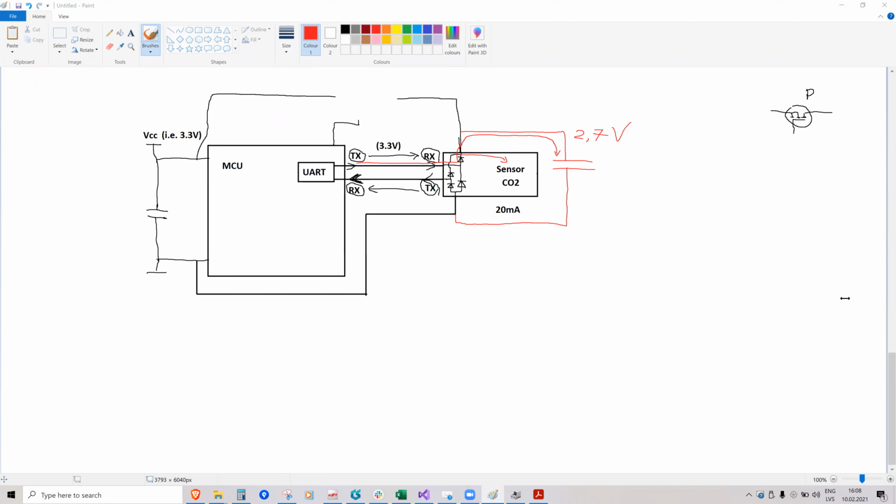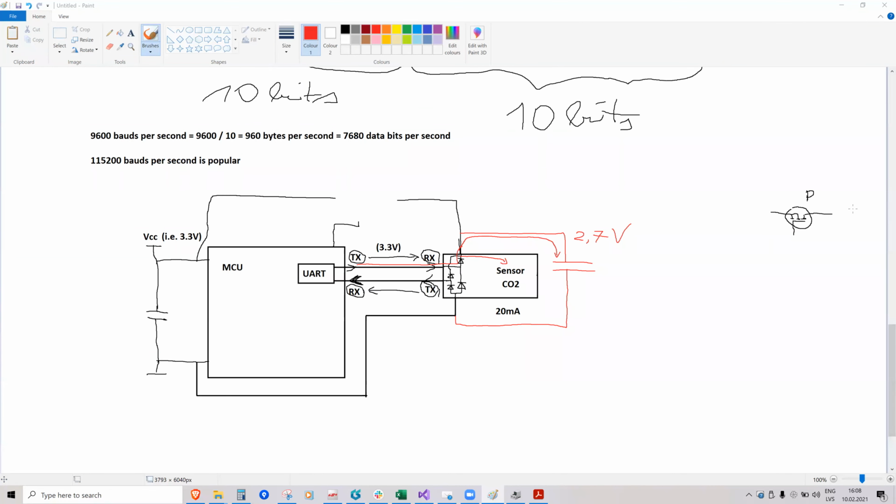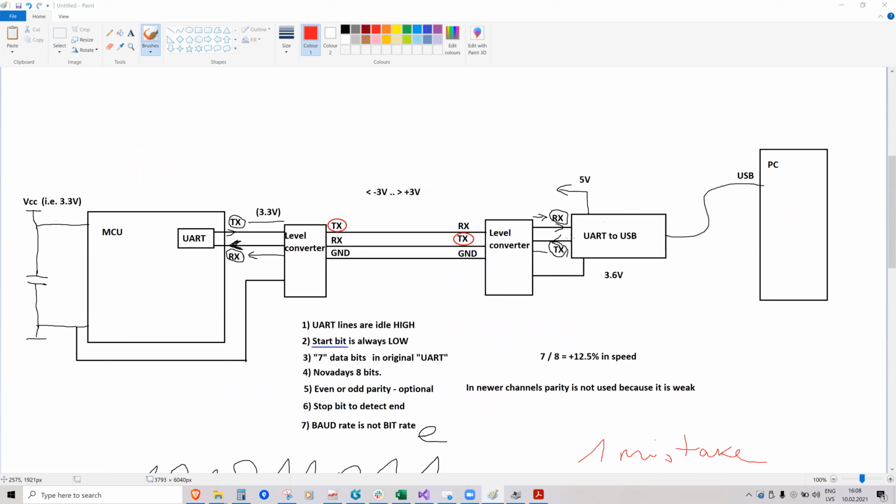Okay, so voltage divider for UART pins: if it was a single-ended connection, it would work, but only in one direction. For example, if the computer's UART to USB outputs 0 when it's 0 and 5 volts when it's logic 1, you could divide the TX voltage down to the microcontroller's level from 5 volts to 3.3.